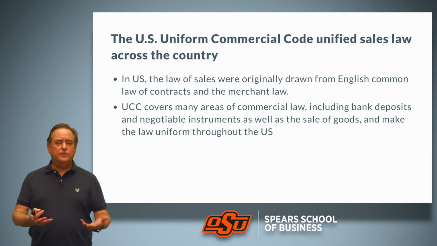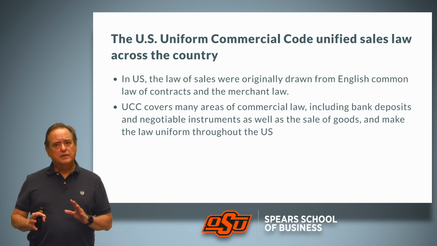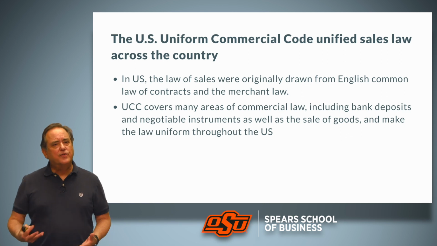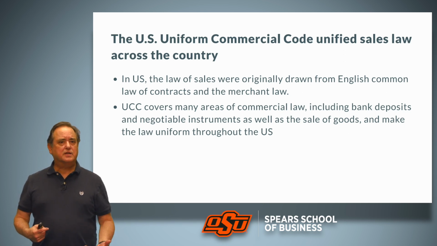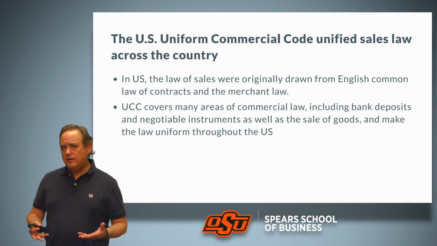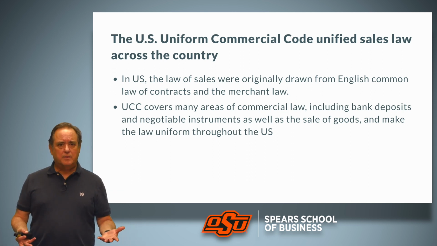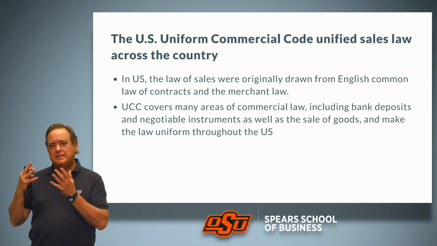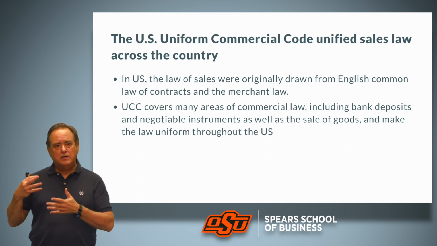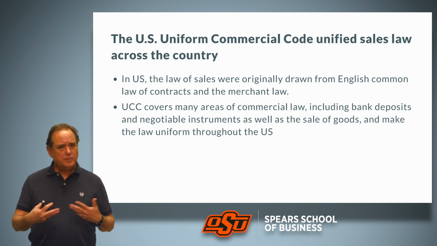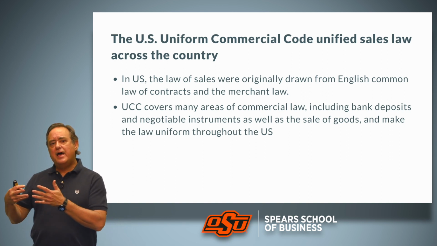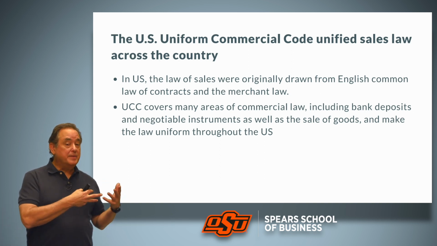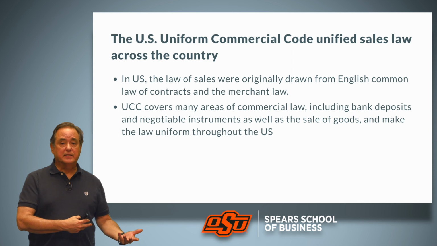Now, the U.S. Uniform Commercial Code is not a law. Instead, it was a model law designed to unify sales law across the country. The law of sales was originally drawn from English common law and contract law. But as the common law developed differently in different parts of the country, the law of sales in one state may not be the law of sales in another state.